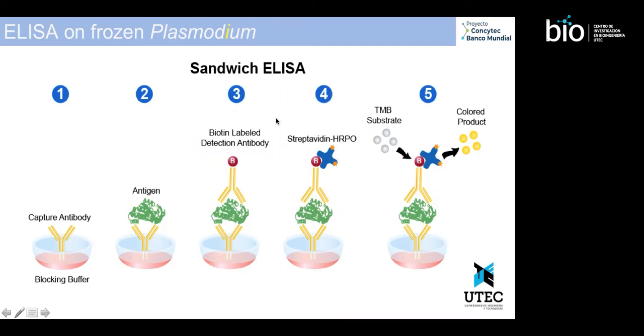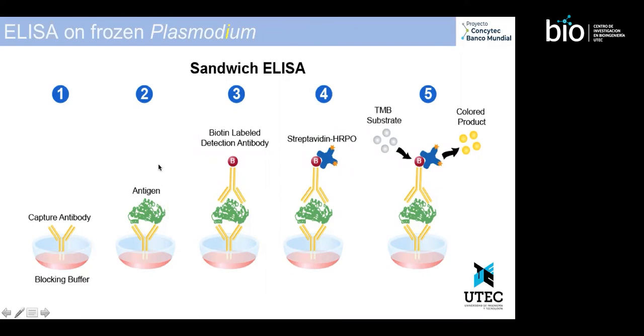So we wanted to see which one you have, and you can do this with what they call sandwich ELISA. These are wells from a 96 well plate, and you put in a capture antibody, and then you do your test with your sample, which has an antigen which binds to the antibody.